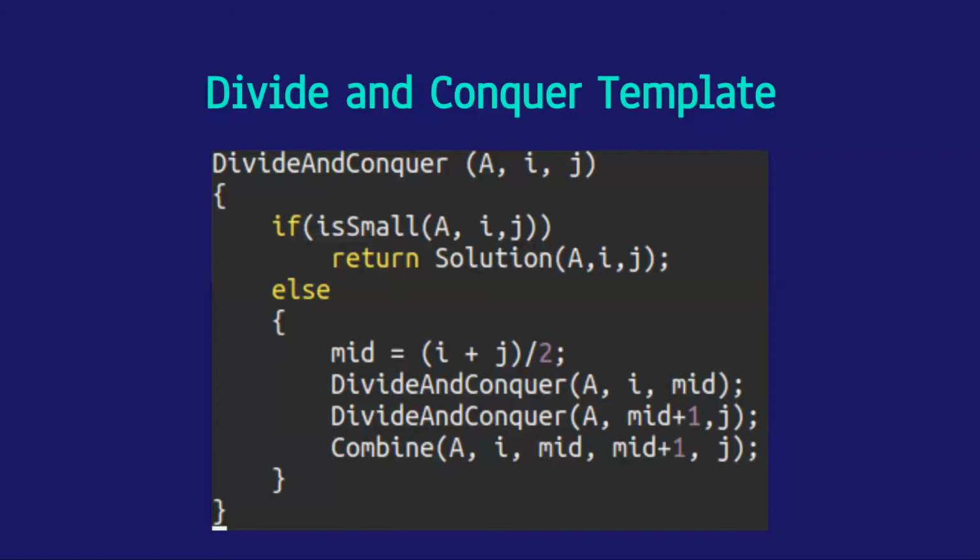Maybe it's an array or maybe it's a set or whatever. It's an input, and i and j are its limits. So i is the lower limit and j is the upper limit, the boundaries of that array are i and j. Those are the inputs to a divide and conquer function.